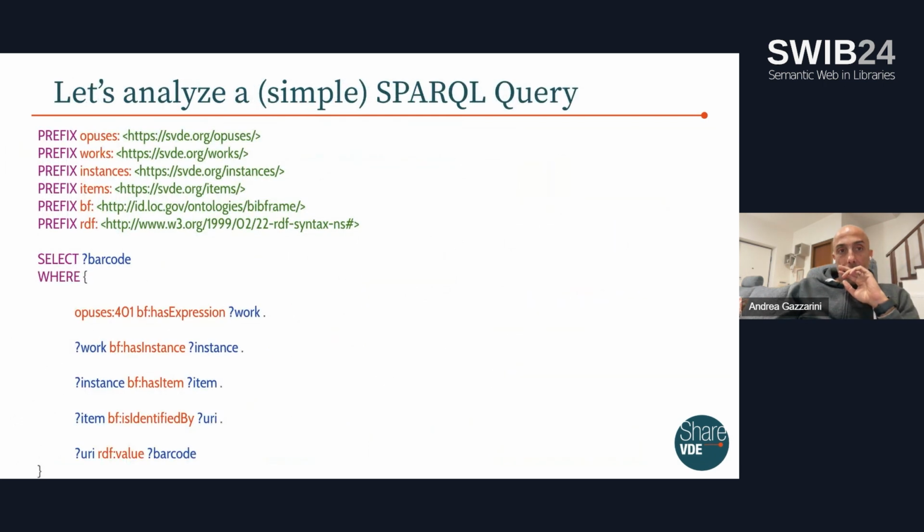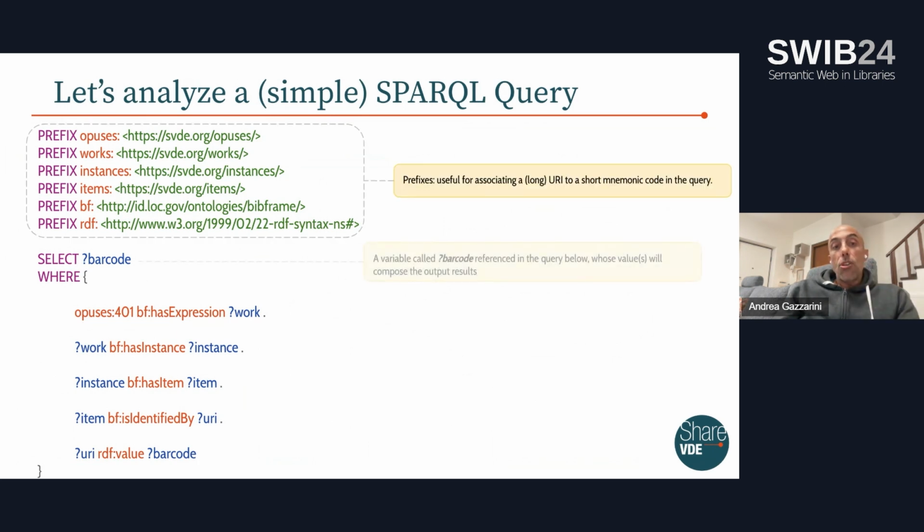So SPARQL is the de facto standard language for querying an RDF store. This is a very simple SPARQL query that uses the core hierarchy: objects, works, instances, items.